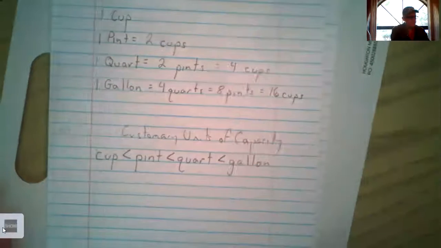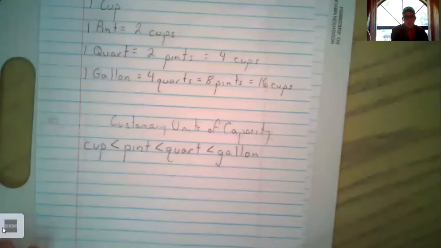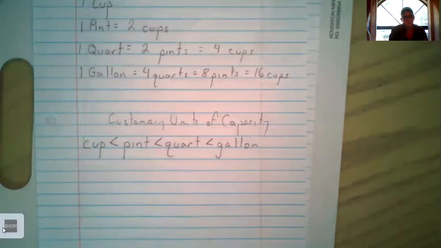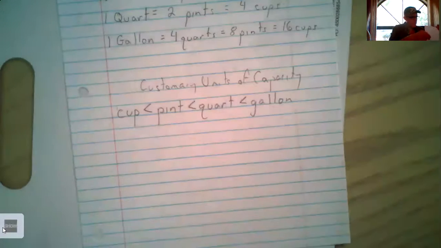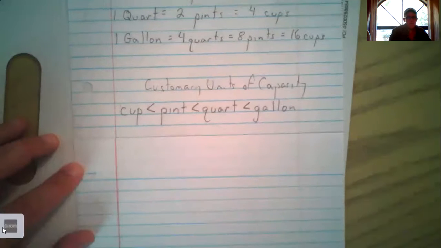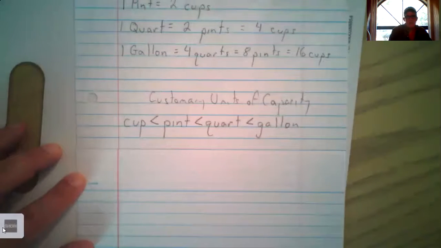Now what we are going to do is use the same rule that we learned about the customary units of length when we convert and compare the different size units. So we want that rule, if you remember, we want to take the larger unit and then compare it to the smaller unit.